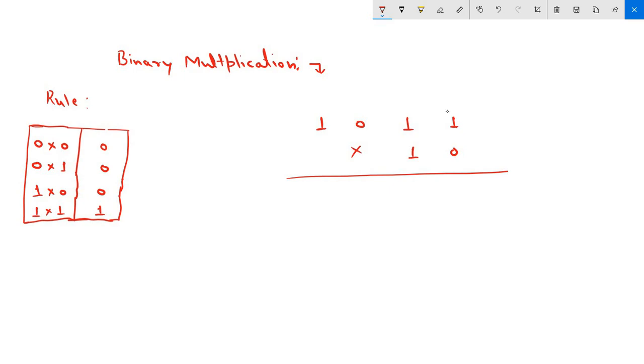So now, 0 into 1 is 0. 0 into 1 is 0. 0 into 0 is 0. 0 into 1 is 0. Then 1 into 1 is 1. 1 into 0 is 0.